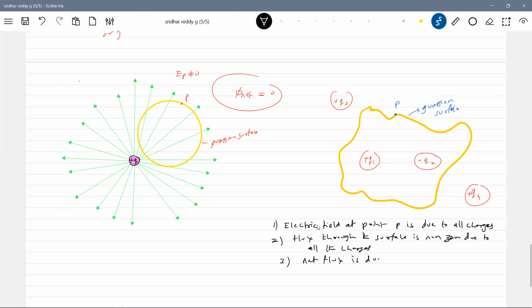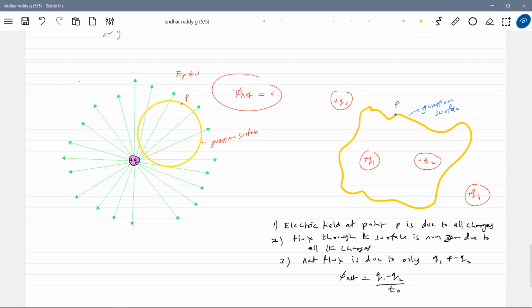Net flux is due to only Q1 and minus Q2. And how much is it equal to? Q1 minus Q2 by epsilon naught.